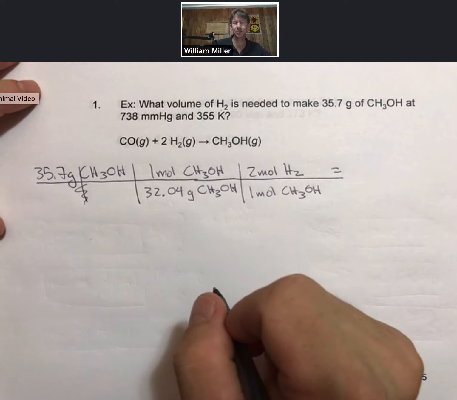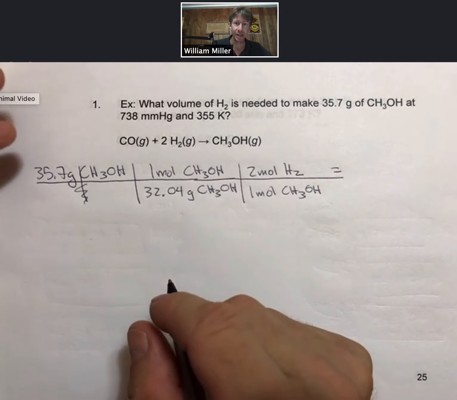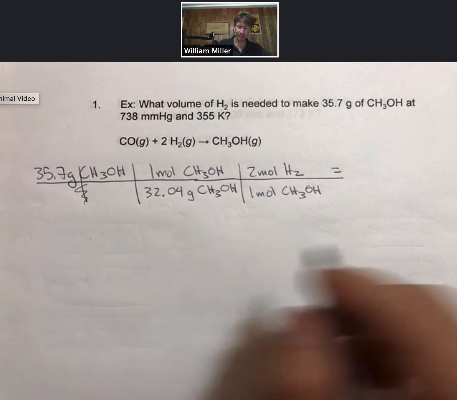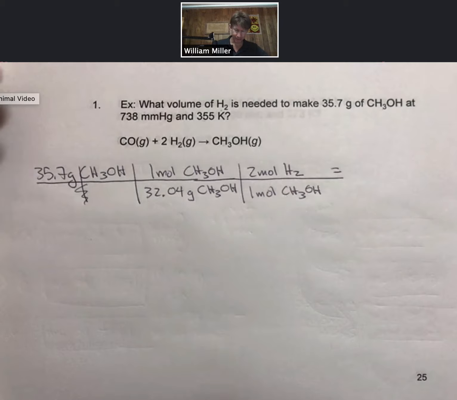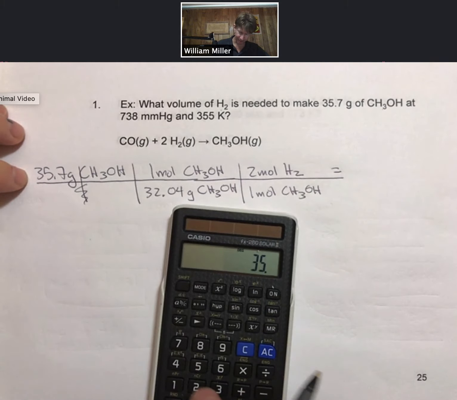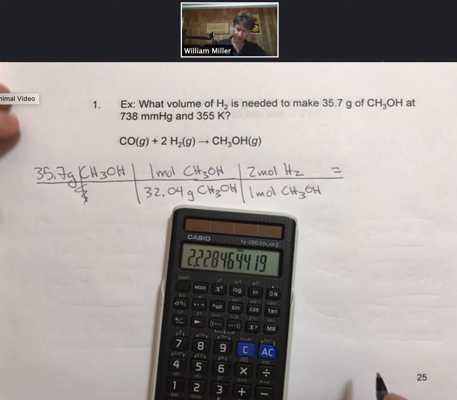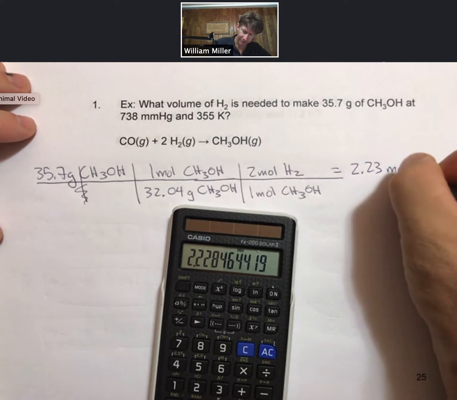There are ways to use the picket fence or the railroad tracks to solve the ideal gas law right in the picket fence, and you're free to use that, but I'm going to separate them. So 35.7 grams divided by 32.04 times 2. I get 2.23 moles of hydrogen.